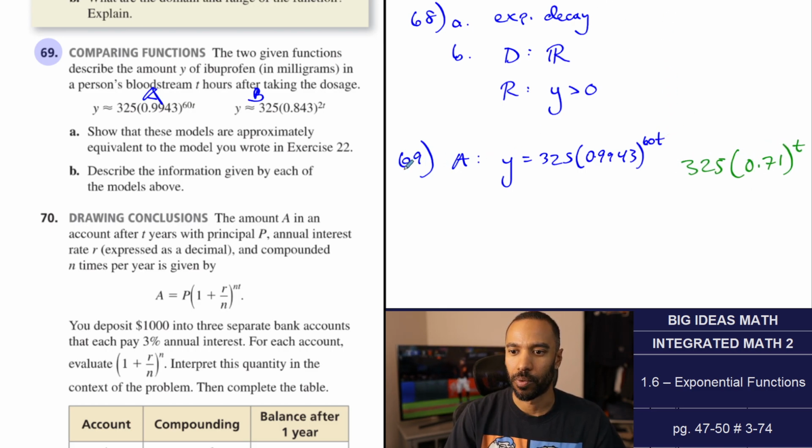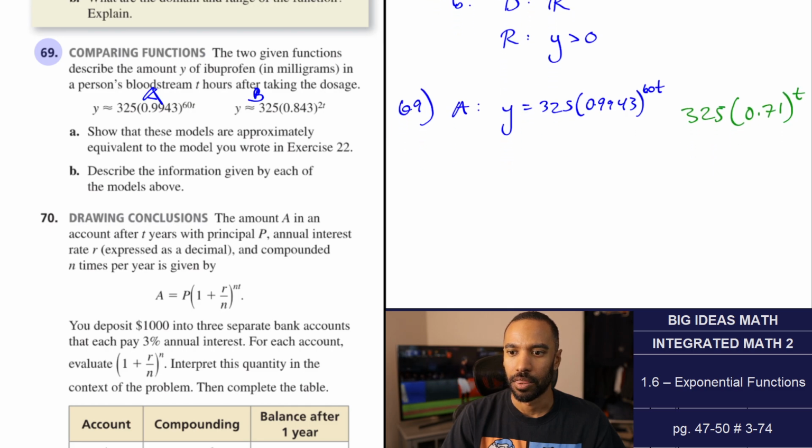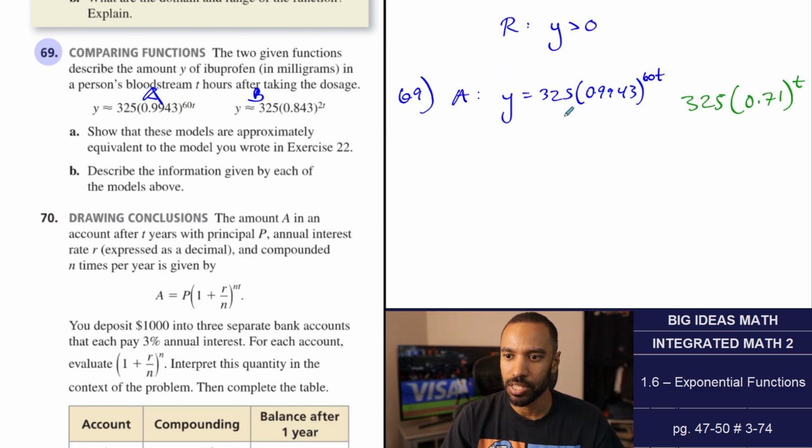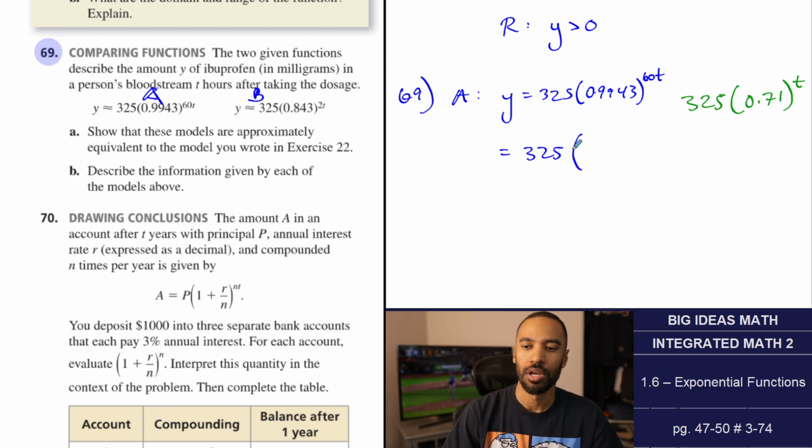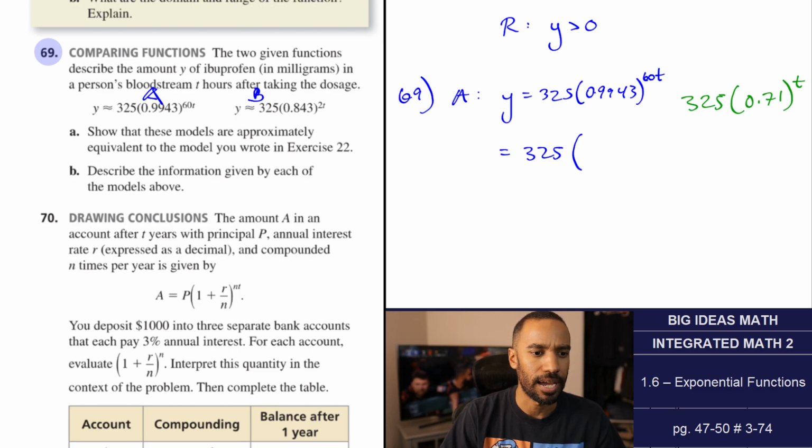We're going to have to raise this thing to the 60th power. If you've seen this enough, then you know what's going on there. So let's do 0.9943 to the 60th power.